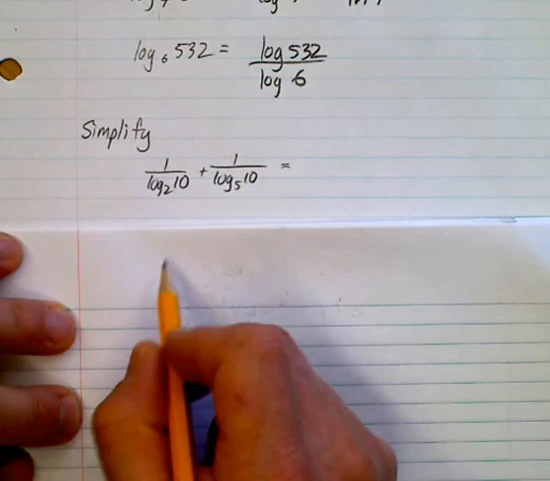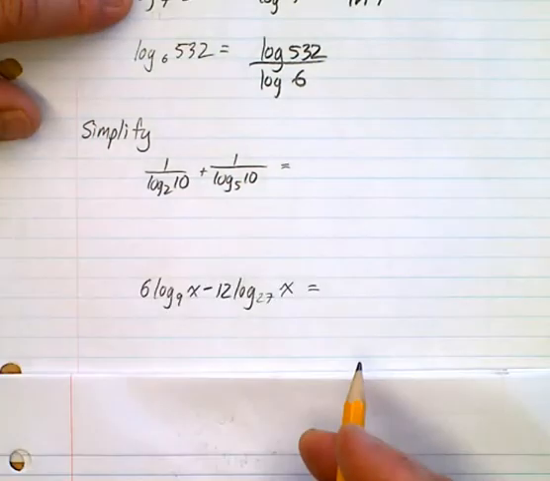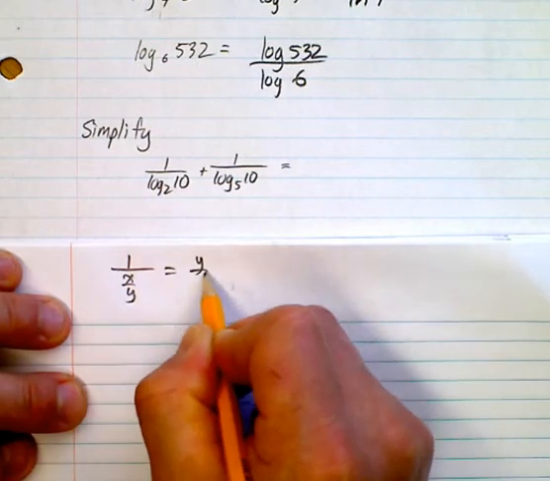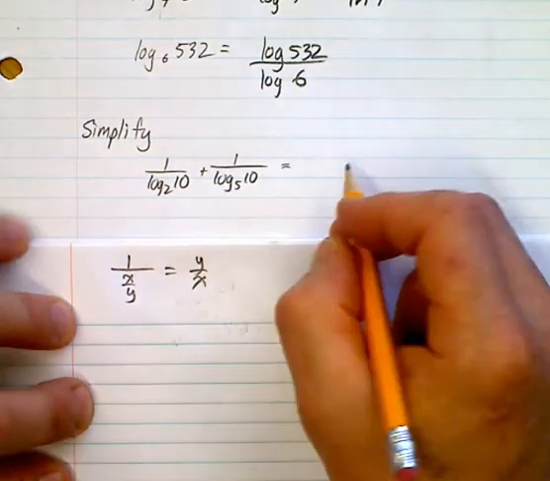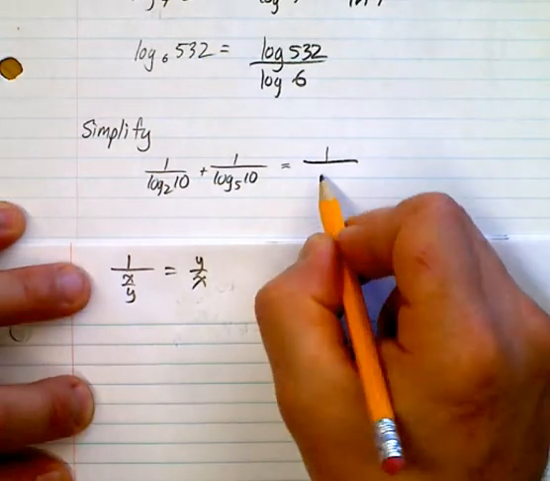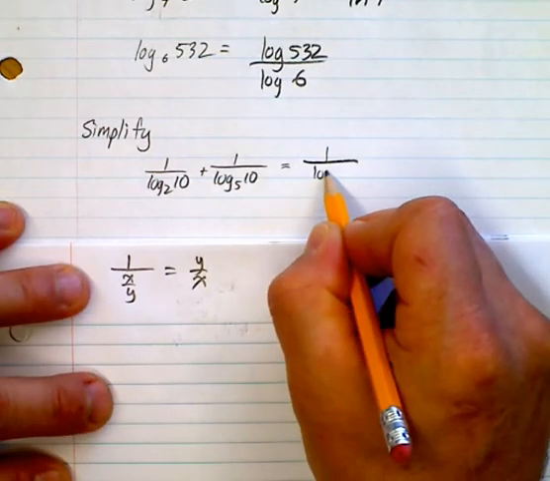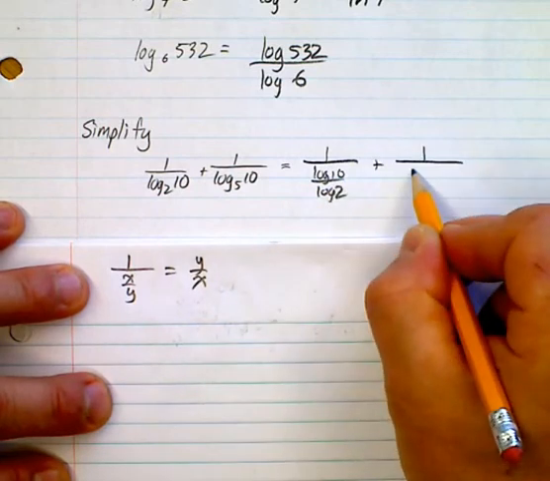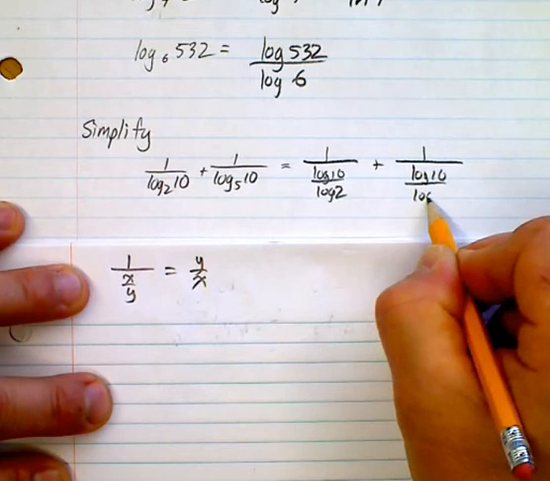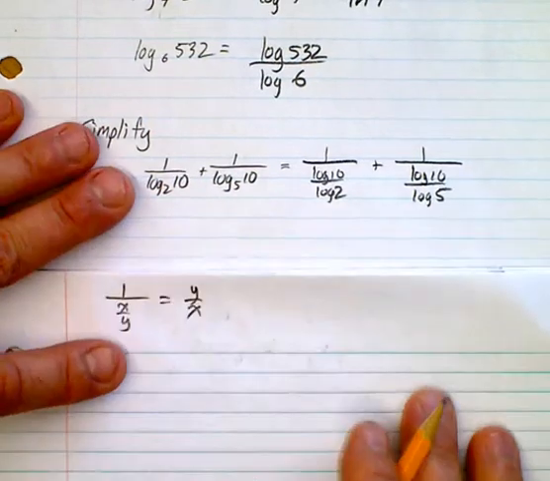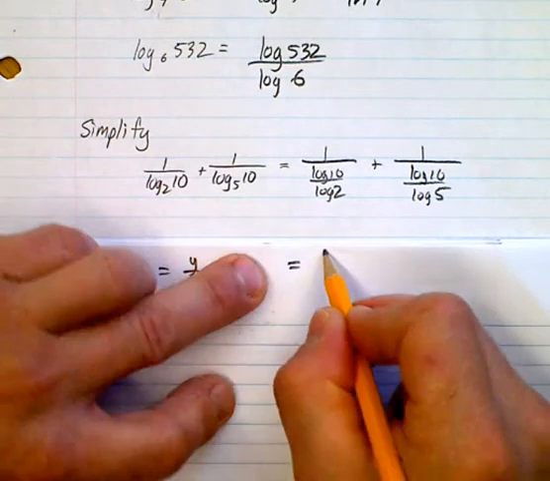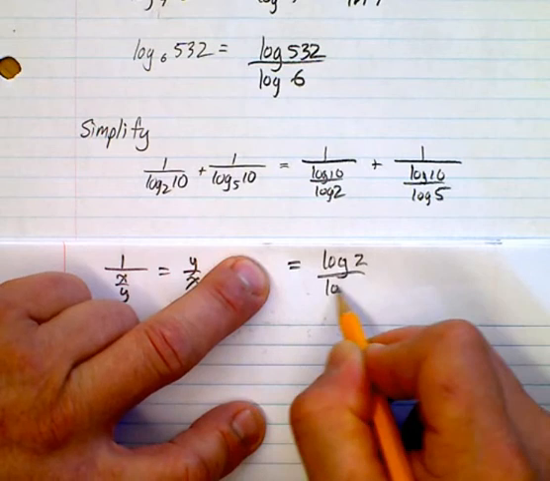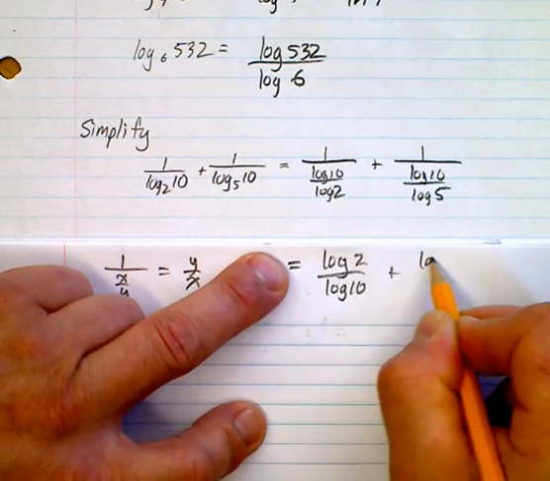So there's a basic premise of fractions here, okay? If I have 1 over x over y, that's equal to y over x, right? I'd like you to think about that when I write this out. So this is going to be 1 over log 10 over log 2, plus 1 over log 10 over log 5, which means that this is going to be equal to log 2 over log 10 plus log 5 over log 10.